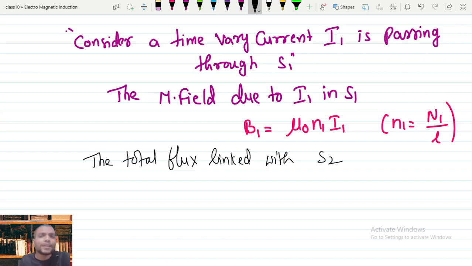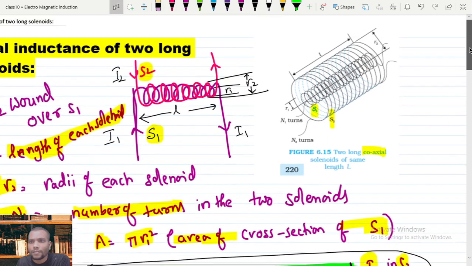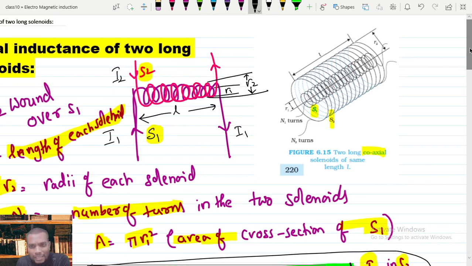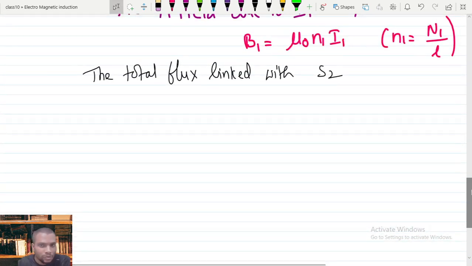Because of the current which is passing in S1, there is a magnetic field B1. Now this magnetic field is linked with the other solenoid, which is S2. Because of that change in flux in S2, there is a mutual inductance in S2. That's what we are going to get.